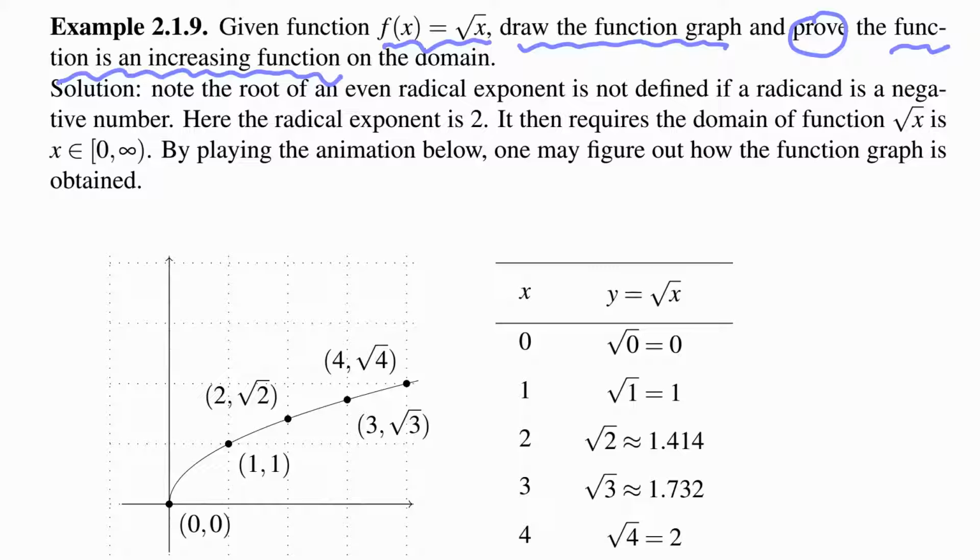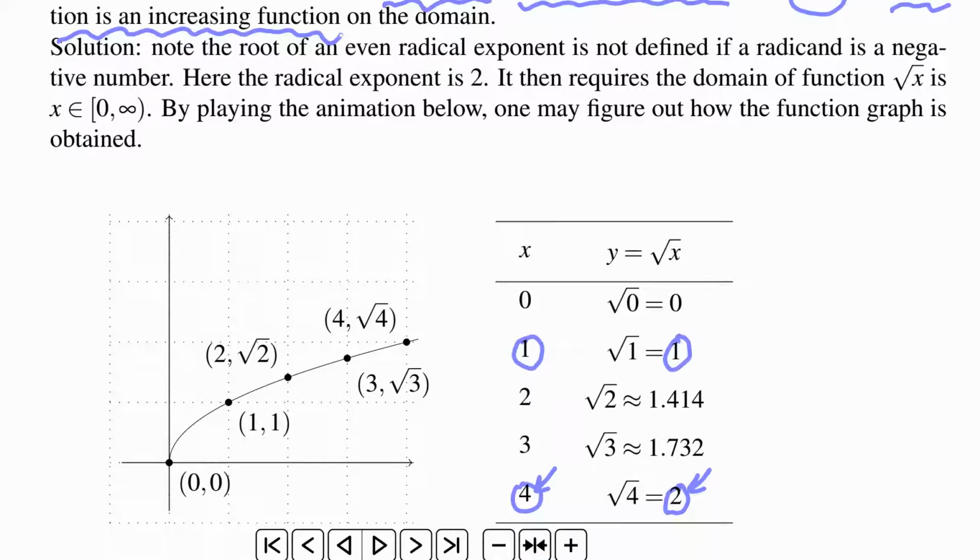For example, when x is 1, you have y is 1. When x is 4, you have y is 2. So as x goes bigger from 1 to 4, y goes bigger as well from 1 to 2. We want to prove this general trend, so we need a general proof.